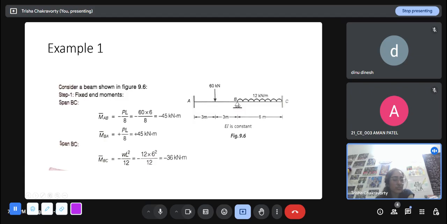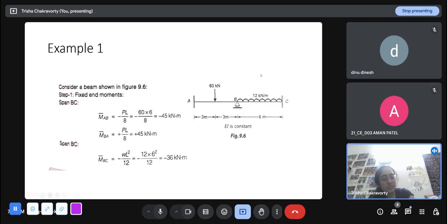If there is a concentrated load at the midpoint of a span like AB, then the fixed end moments are PL by 8 and PL by 8, and the sign says if it is a downward load, then at the left end, M bar AB will be minus PL by 8 and M bar BA will be plus PL by 8.